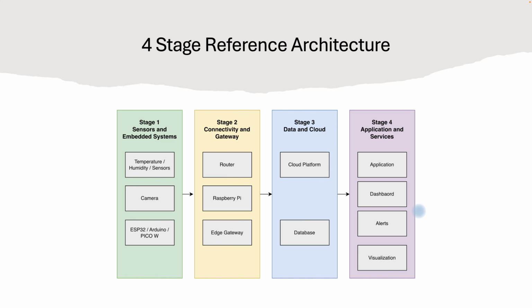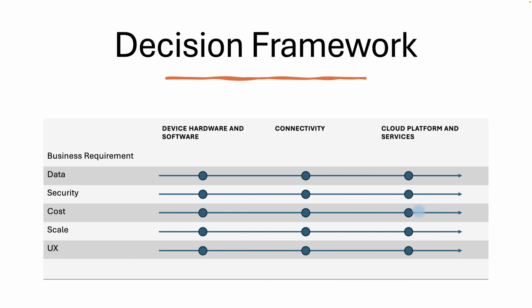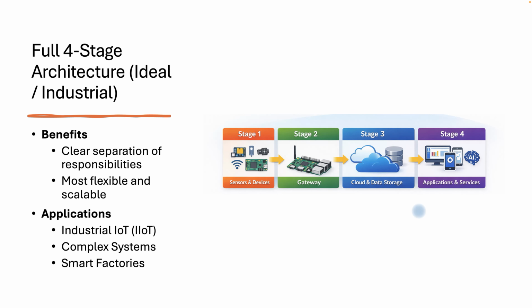Now, having said that, it's much easier for you to understand the different mix and match configurations, or the different architectures that are created out of it. The very first is, as we discussed, the full 4-stage architecture. Consider this happens mostly in typical complex large industrial IoT systems, building management systems or smart factories.